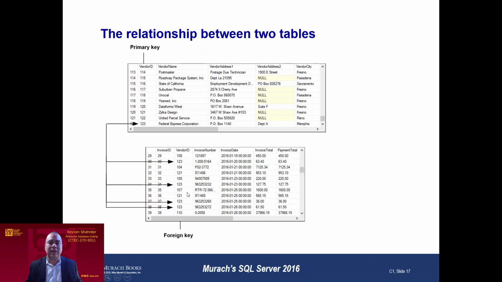A foreign key is a constraint that makes sure that whatever vendor ID is in this table is in the primary key table as well. And that's what a primary key is. It's a unique key, and there is only one of that specific key.